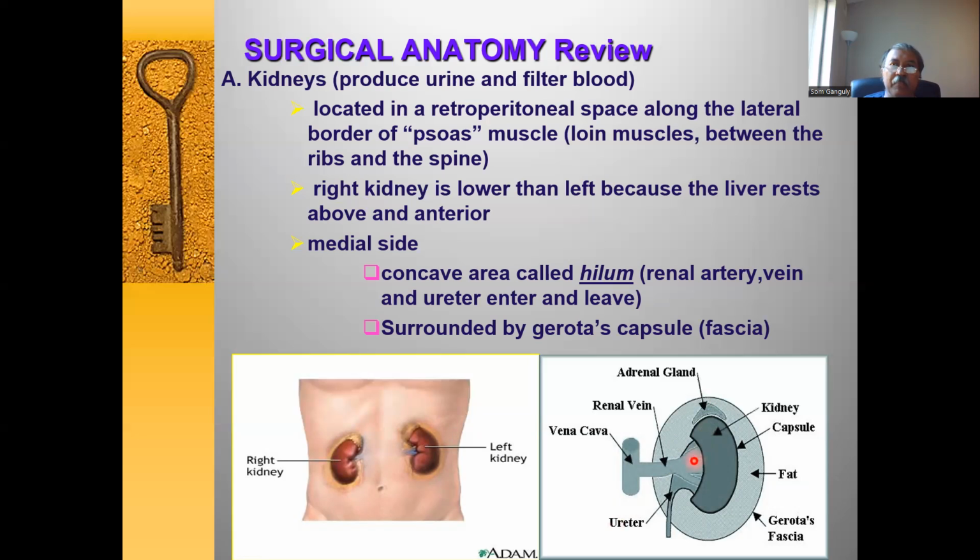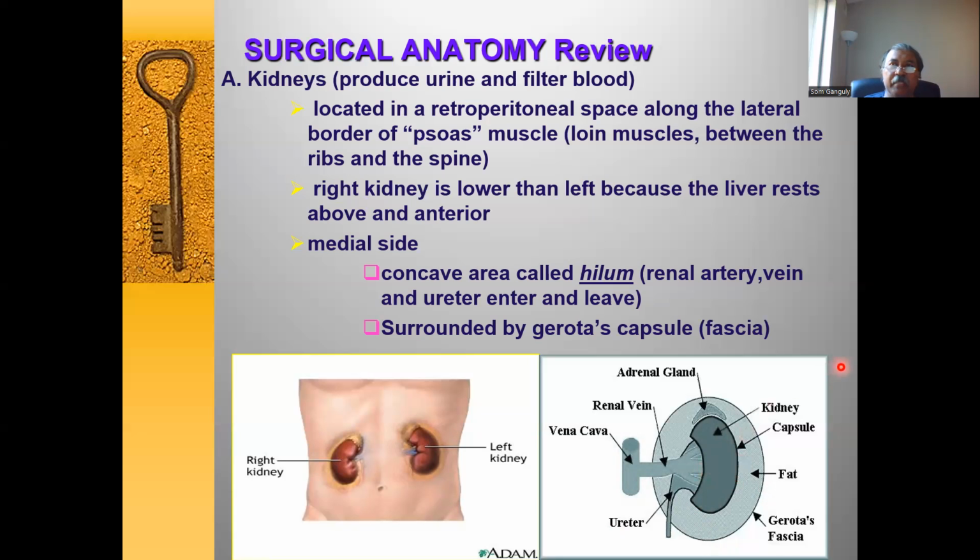And if you cut it open coronally, again, the midsection where the renal artery and renal vein enter and exit the kidney, that area is concave and it's called hilum.